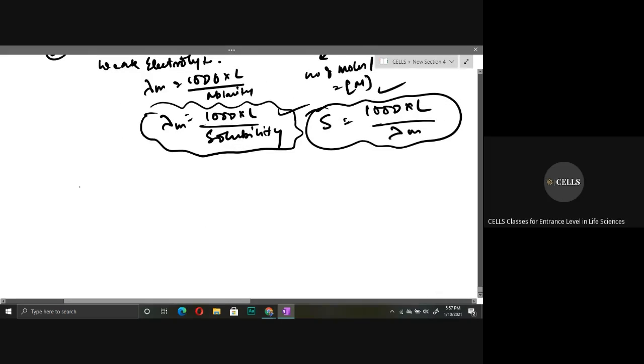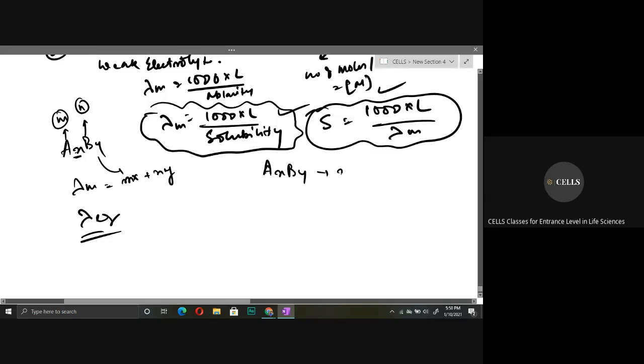We have studied that for AxBy, if the ionic conductance of A is M and of B is N, the molar conductance will be M into the number of ions X plus N into the number of ions Y. But for the equivalent conductance, AxBy breaks into x A^y+ plus y B^x-. Suppose the ionic conductances of A and B are given as M and N. This will be the value of the molar conductance.